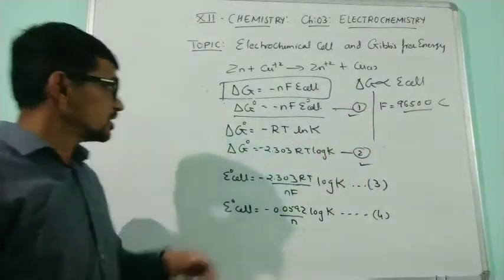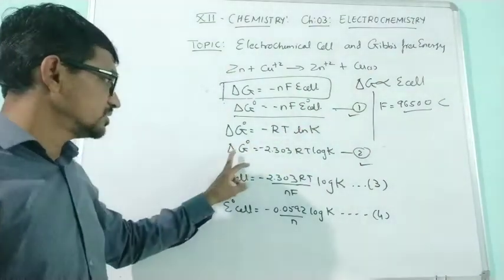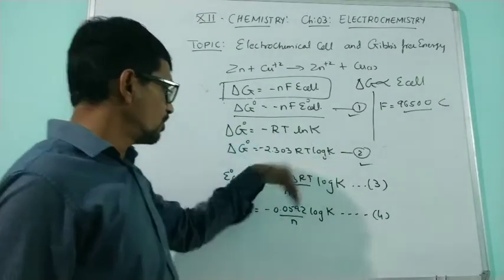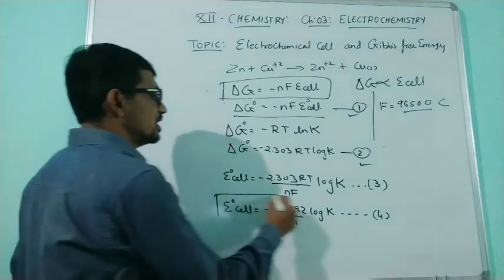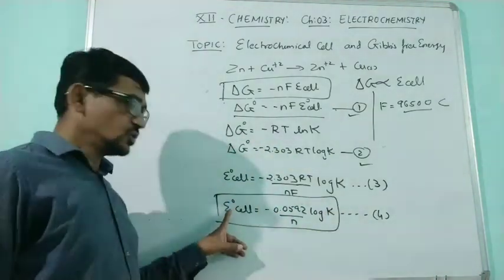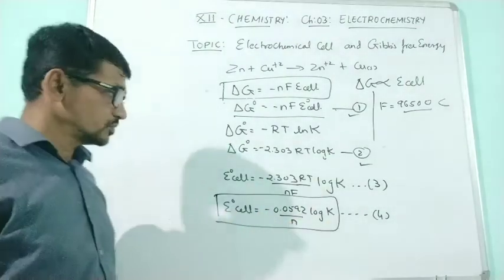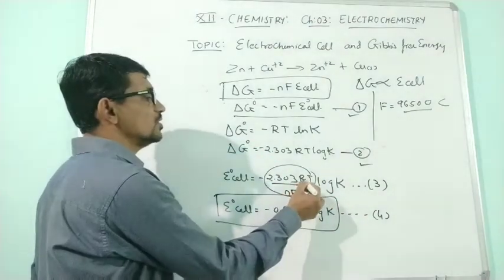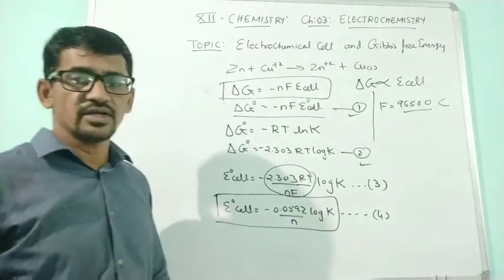Equation number 1 is delta G is equal to minus NF E0 cell, and delta G is equal to minus 2.303 RT log K. If you combine both equations, then you will get the same equation, E0 cell is equal to 0.0592 by N log K. If you put in all these values, Faraday, R value, T value and this log value, then it is coming 0.0592.